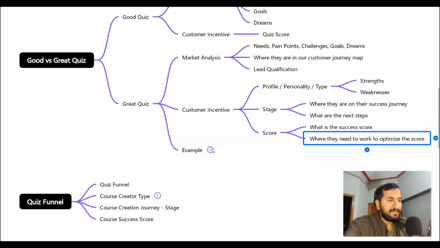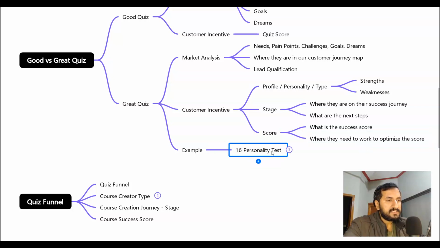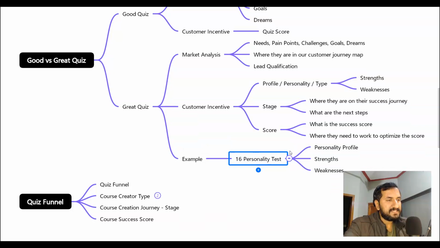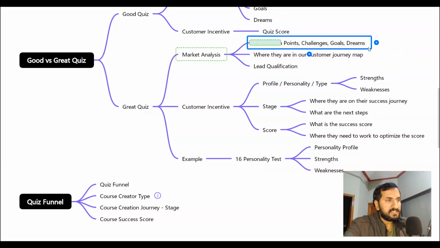Now, a good example of a great quiz funnel is the 16 personality test, and I'm sure most of our course creators know about this. This quiz is a great example of a great quiz funnel, because it covers most of these, actually all of these, and it tells us what we have to do, where we are, what our type is, and how to improve in our life, since it's a kind of personality test.